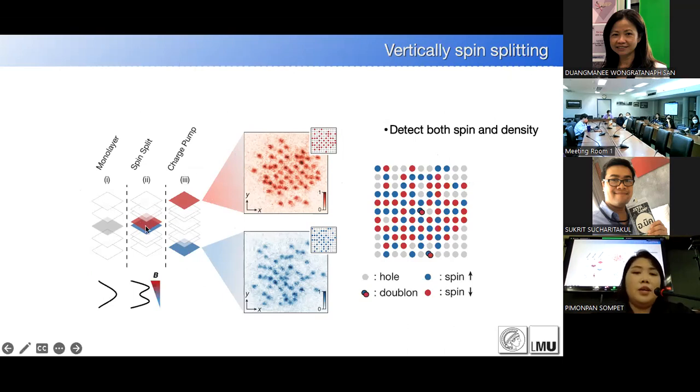Each of them is a different spin type, so you actually know that the upper plane is spin down and the bottom plane is spin up. So you don't need to measure it separately. You know that the upper one is spin down and the bottom one is spin up, from the Stern-Gerlach-like experiment here.